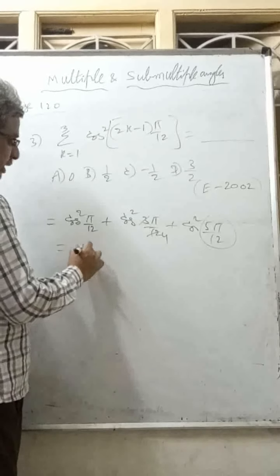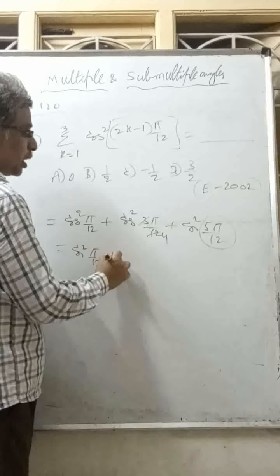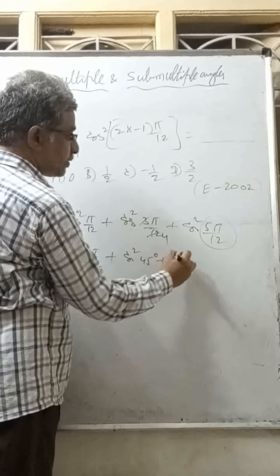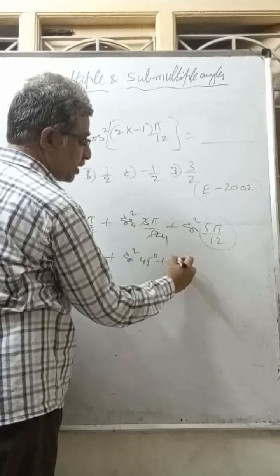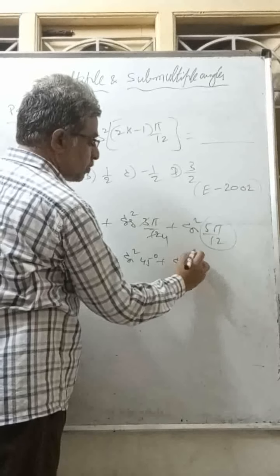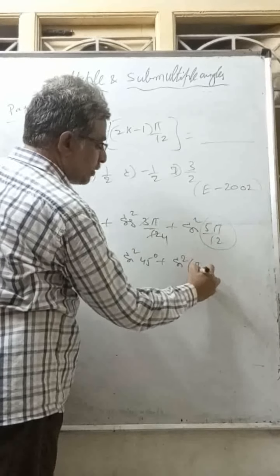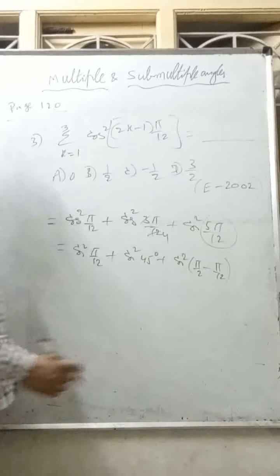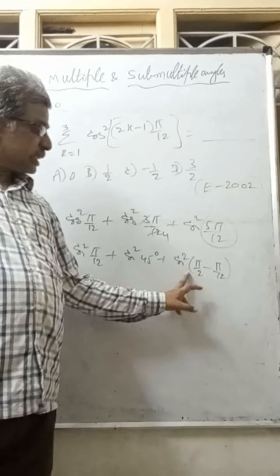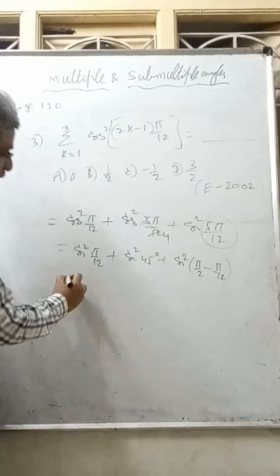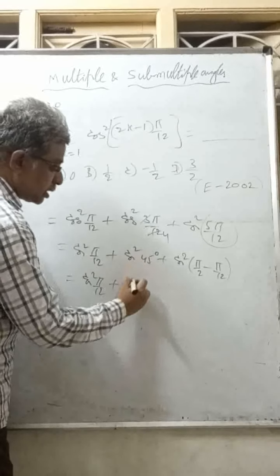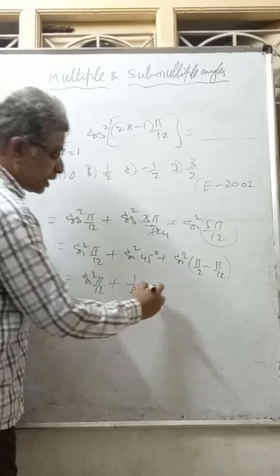So what I want to write is cos square pi by 12 plus this is cos square pi by 4, is 45 degrees as it is, right? And cos square 5 pi by 12 I will write as pi by 2 minus pi by 12. Now this is cos 90 minus theta, sin theta. So cos square pi by 12 plus this is 1 by root 2 whole square, 1 by 2.